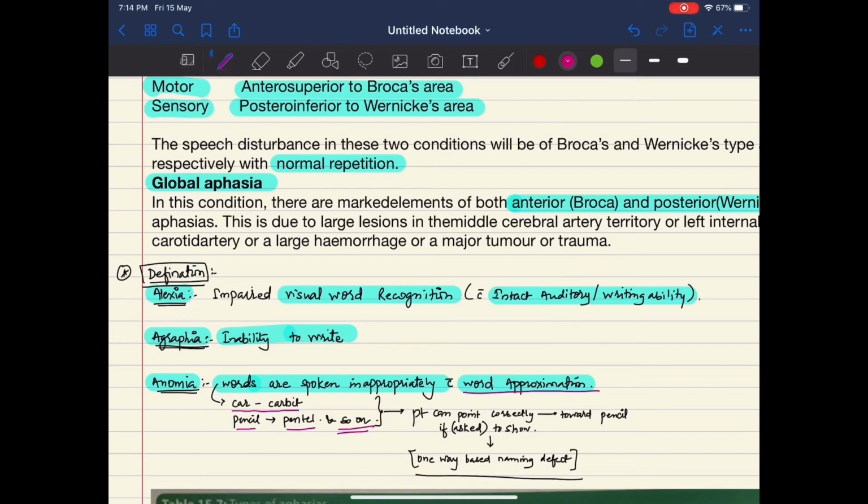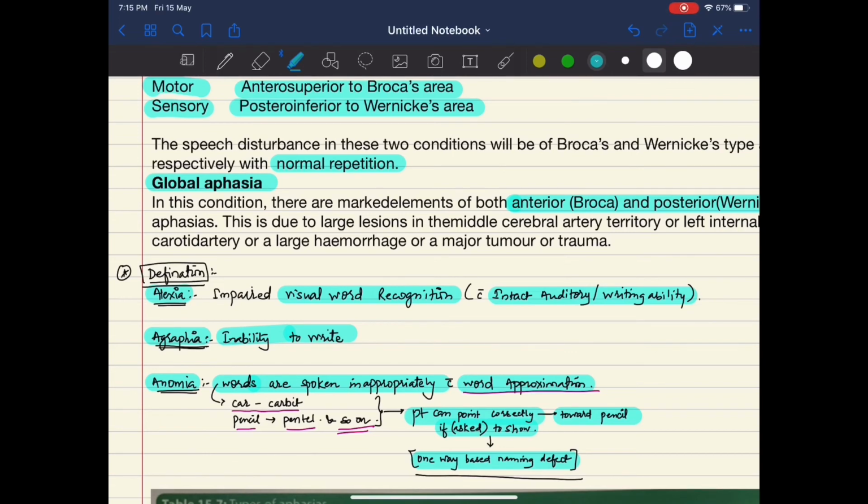The patient can point correctly towards the pencil if asked, but he cannot speak pencil as pencil. This is important. That is anomia. It is also clinically called a one-way based naming defect. Okay, that is anomia.